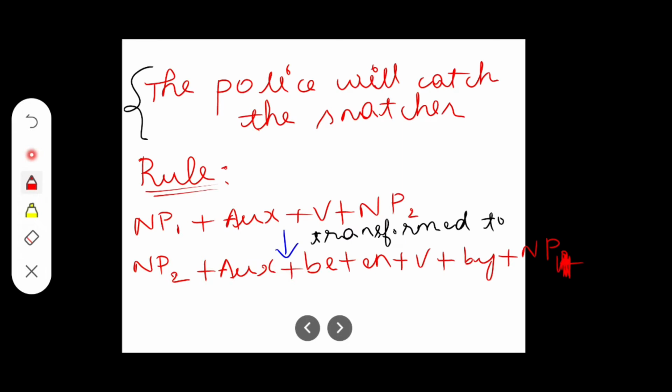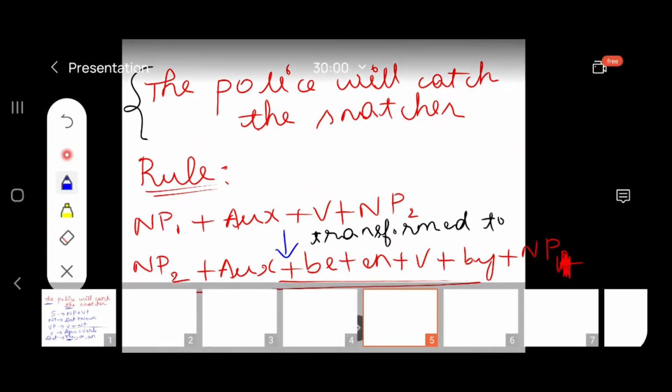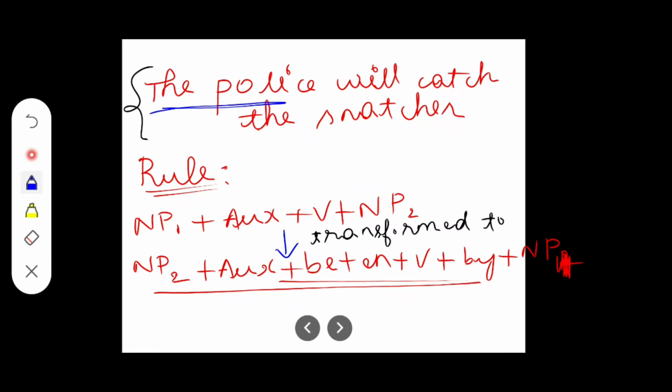So now constructing the transformation. First we will be having a sentence. Before taking the sentence, first we have to transform the grammar, right? So using this rule we have to transform the grammar. So see here, the police. What is this? The police is NP1.